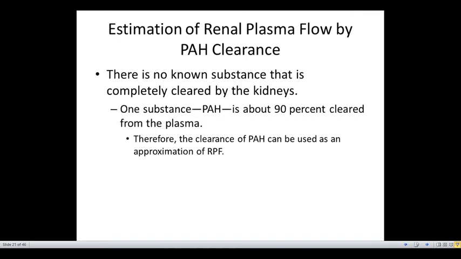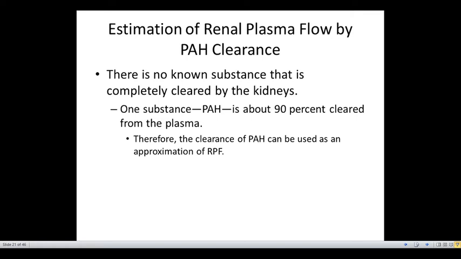Now, there is no known substance that is completely cleared by the kidneys. One substance, para-aminohippuric acid, is about 90% cleared from the plasma.